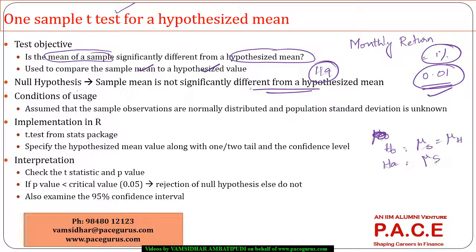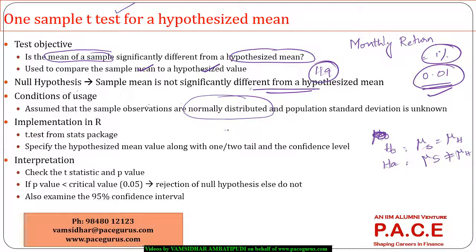Whereas the alternate hypothesis says no, these two cannot be equal. So the mean of the sample is either significantly greater than the hypothesized value, or significantly lesser than the hypothesized value.